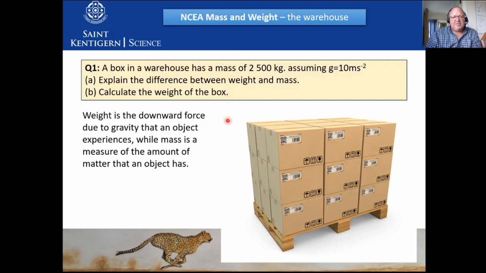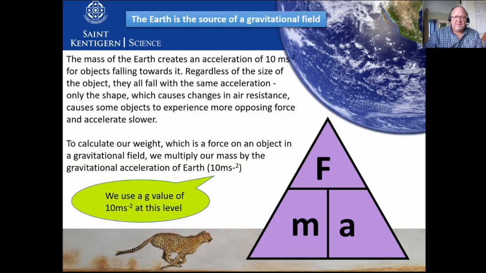I just want to pause here and ask you to watch the video link that I've put in the description on the OLE, which shows that regardless of your size or your massiveness, they all fall at the same acceleration.